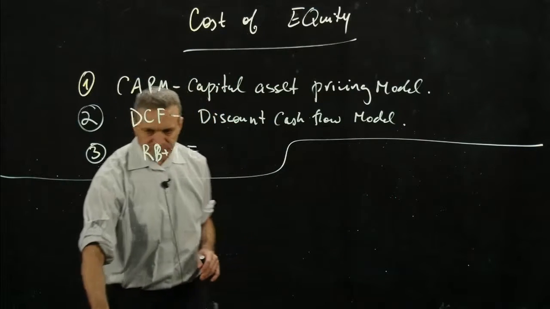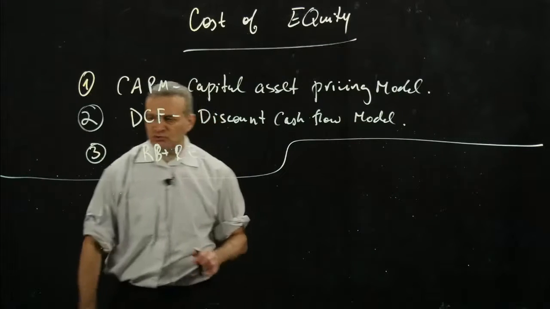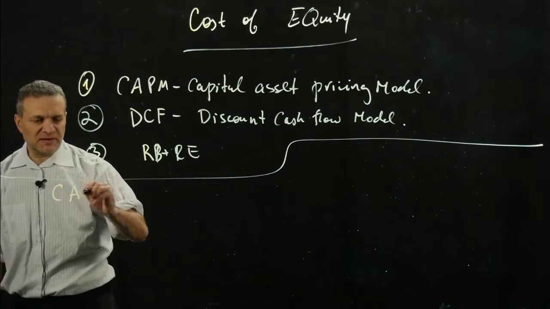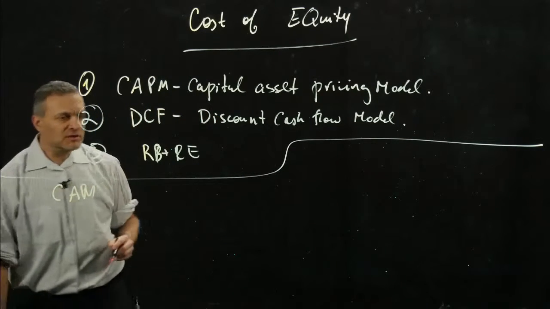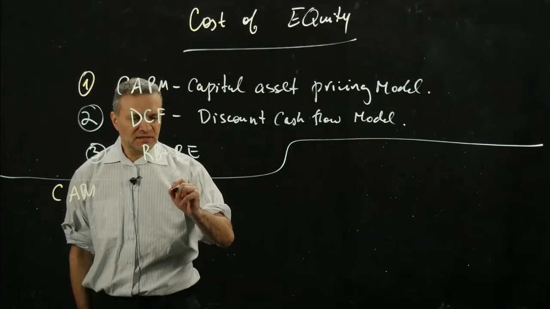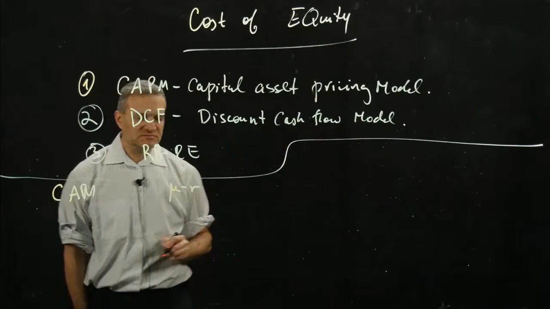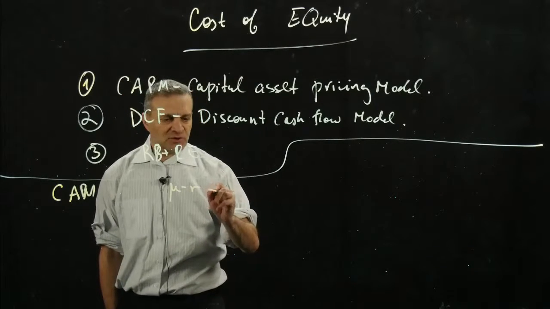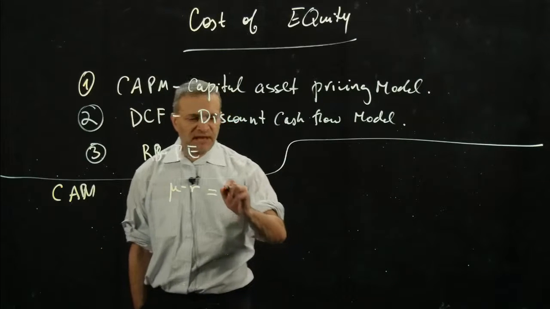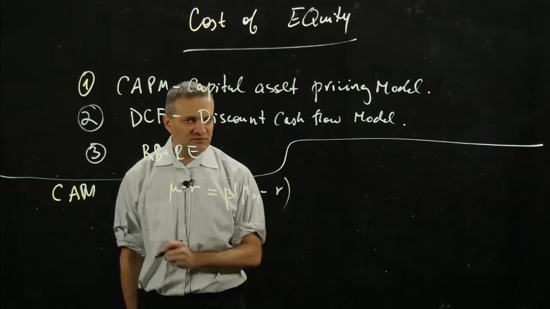So what is the first way? What does it mean to do it through the CAPM? Remember, the CAPM says that the return of your equity minus your risk-free rate is going to be beta times your market rate minus the risk-free rate.